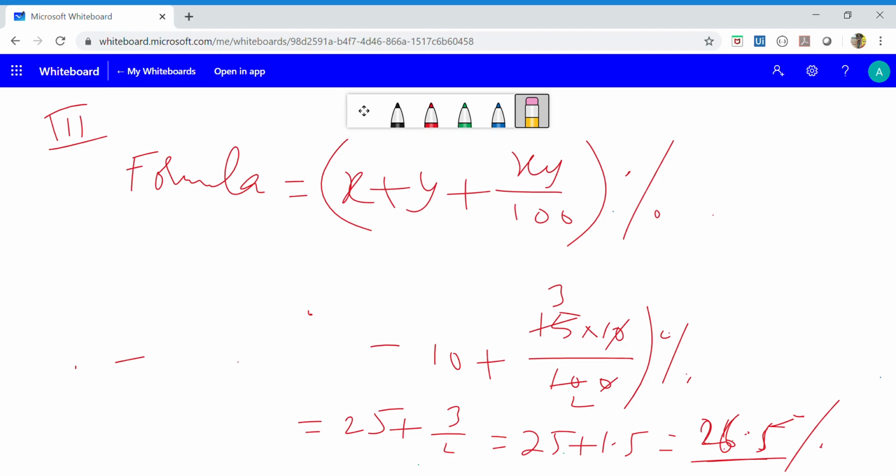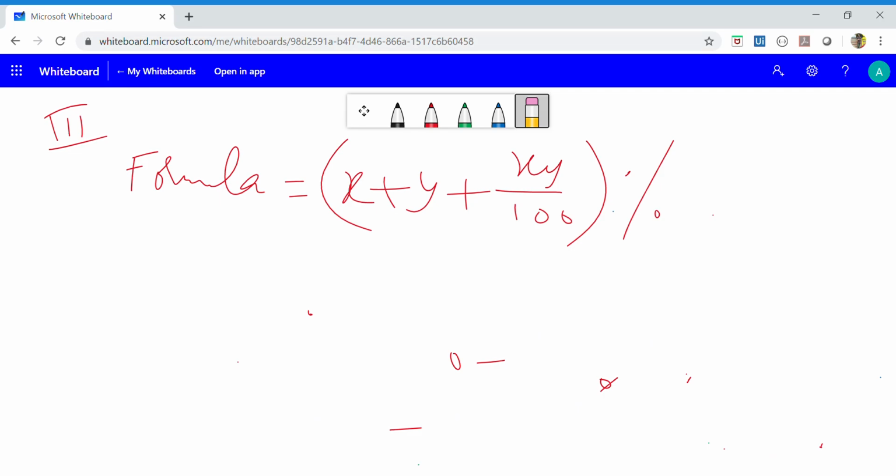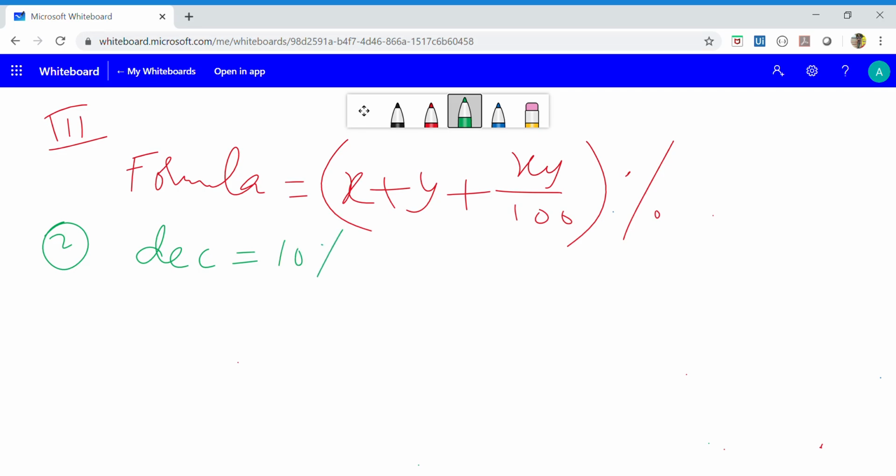One more example I'll give based on this formula. If the population of a town is decreased by 10% and 20% in 2 successive years, what is the percentage of population decrease after 2 years? So in example 2, what is given? The population is decreased by 10% and 20% in the successive years.